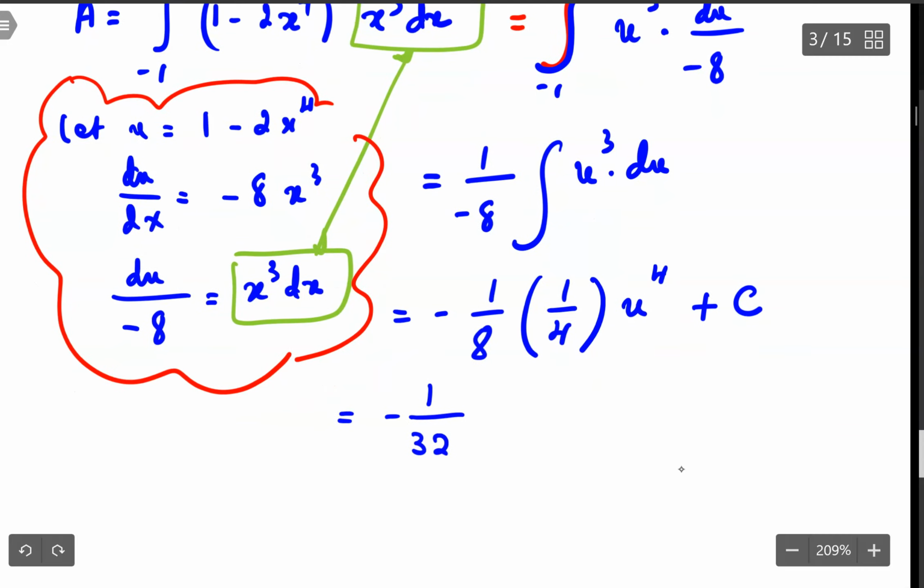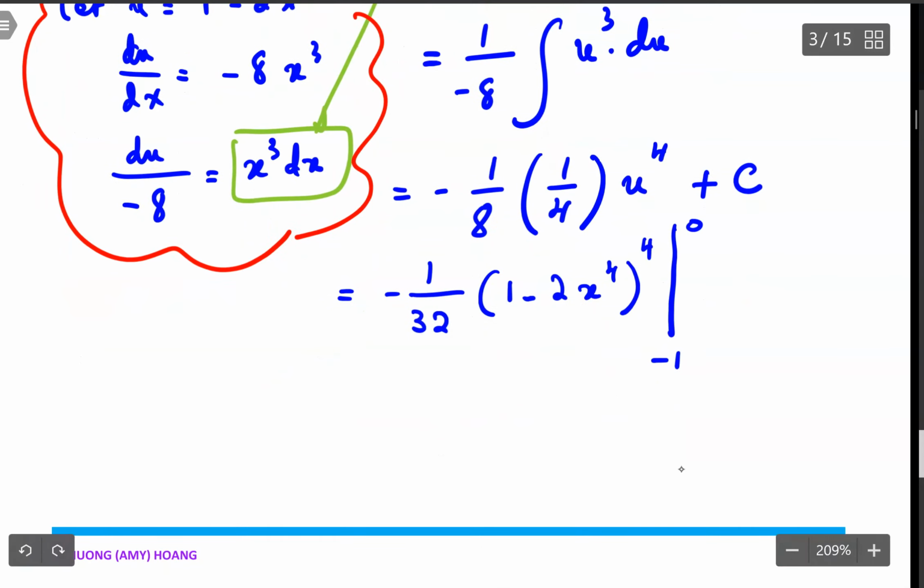And at this time I will replace u by the function of x. So I have 1 minus 2 times x to the exponent 4, all of it raised to exponent 4, and I will evaluate that from -1 to 0.